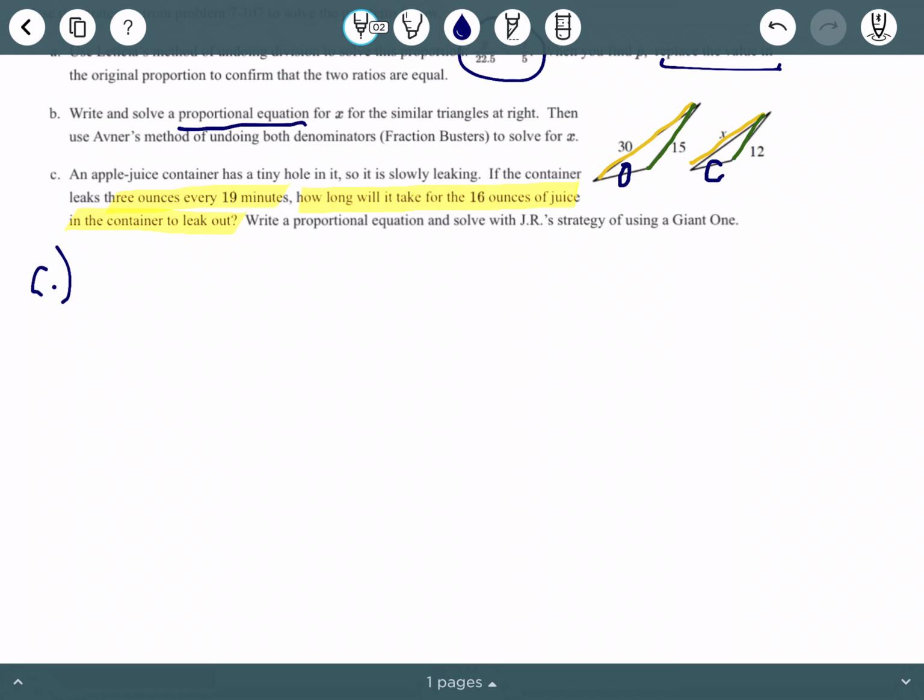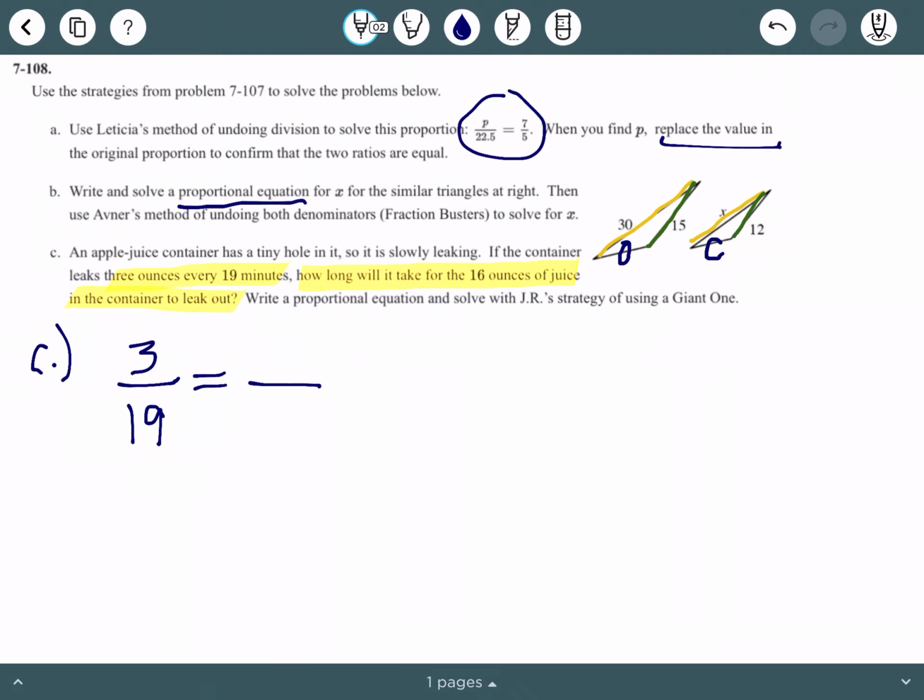So we know it's leaking 3 ounces every 19 minutes. So I'm going to do ounces over minutes, so 3 over 19, and then set it equal to 16 over x, since how long it will take 16 ounces to leak out, we do not know. So this is going to be our proportional equation.